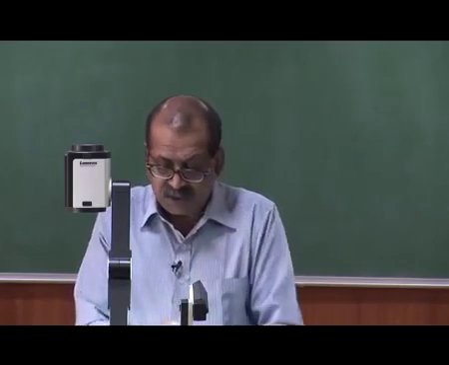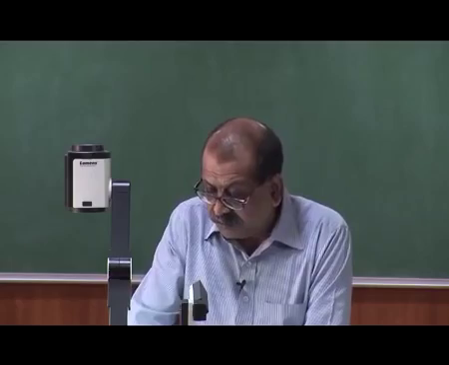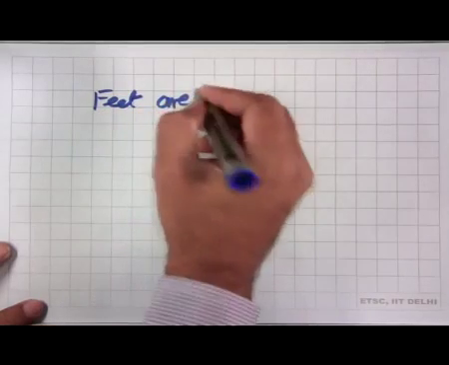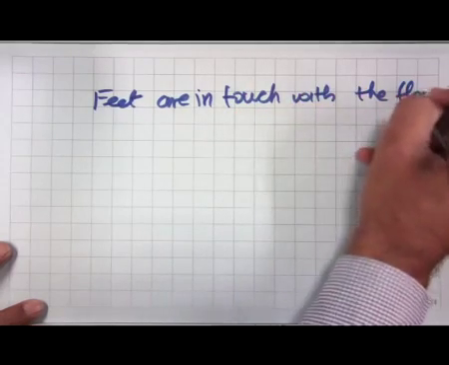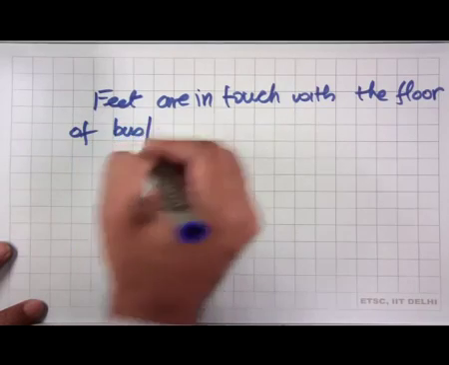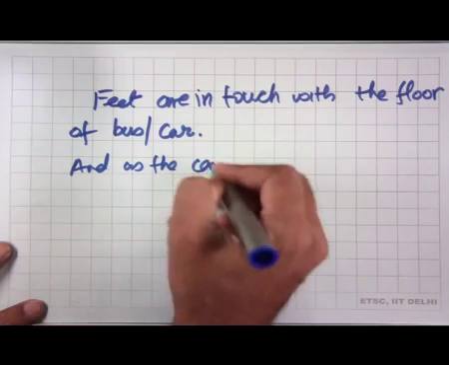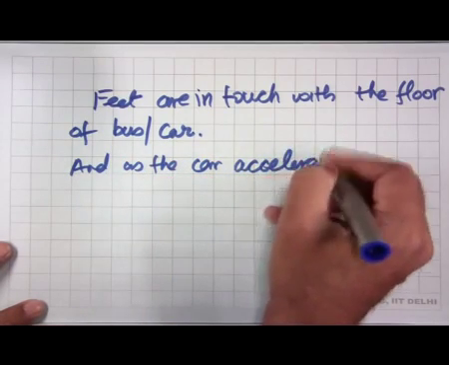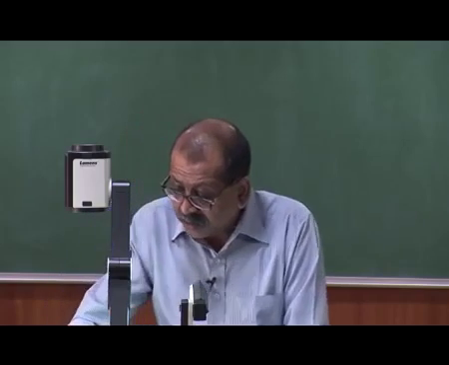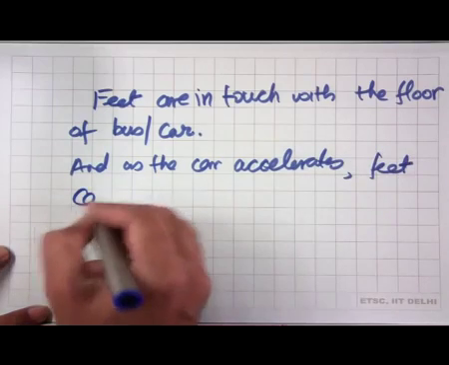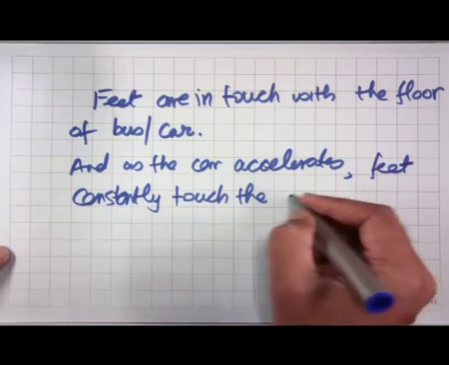How can we explain this? So, in both these cases, what we realize is that the feet are in touch with the floor of the bus or the car, and as the car accelerates or decelerates if it is stopping, what we find is the feet constantly touch the floor.